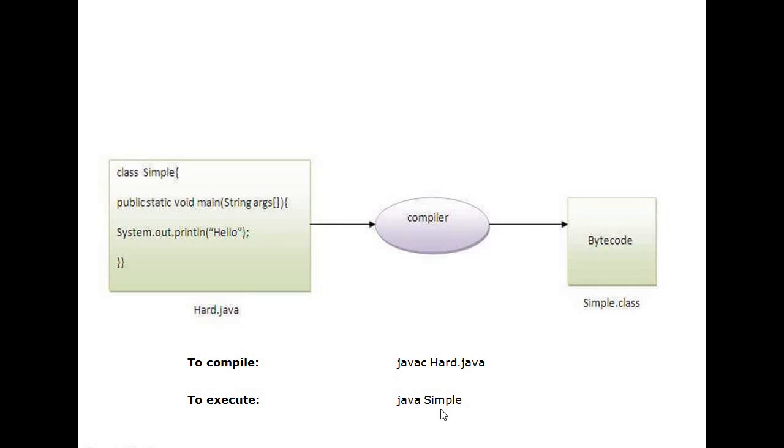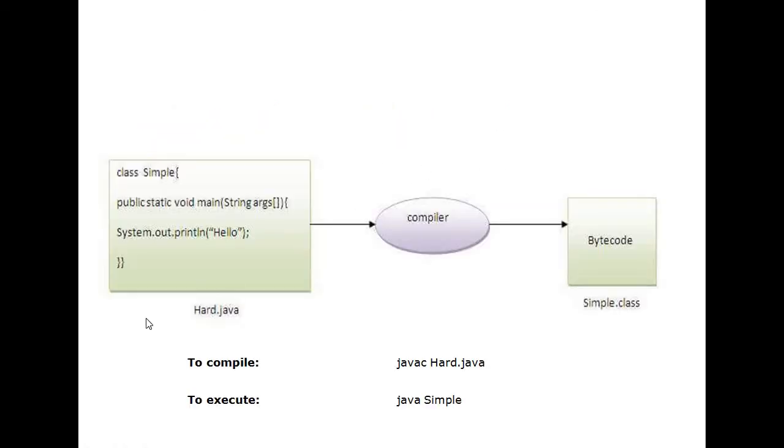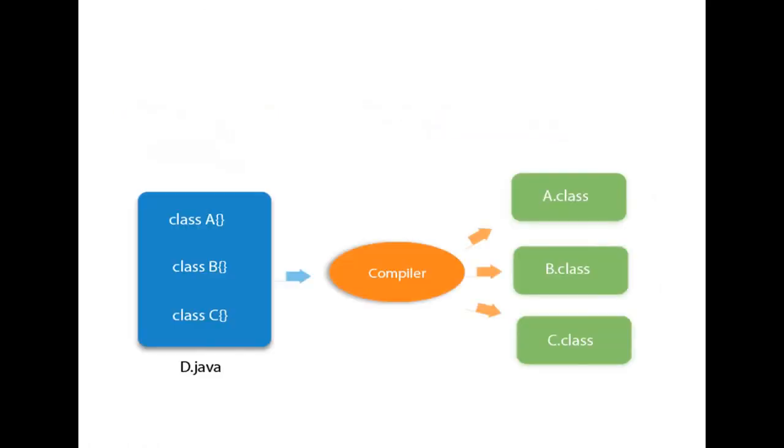Next question is, can you have multiple classes in a Java source file? In this source file only one class is there, but can you write multiple classes in a single file? Yes, we can. Here three classes are there, class A, class B, class C, and I can save the file as d.java.